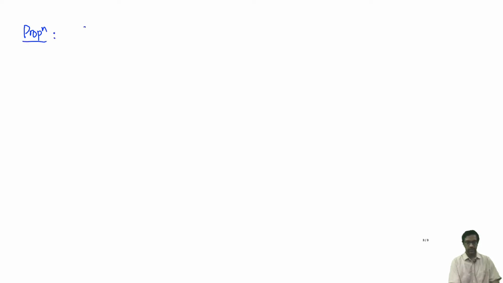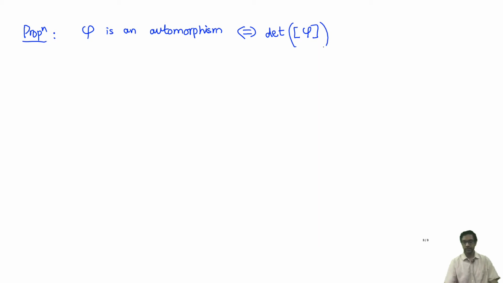The proposition says that, with the same notation as before, a map phi from R^n to R^n is an automorphism if and only if the determinant of the n cross n matrix of phi, well, what is the determinant? We'll come to that in a minute, is a unit of the ring R. Recall the unit means it's an invertible element of the ring R.